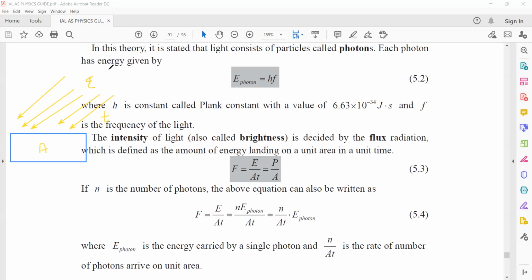We call that intensity. So intensity is equal to the energy coming on unit area divided by time. What is energy divided by time? Energy divided by time is equal to power. So intensity is equal to power divided by area.